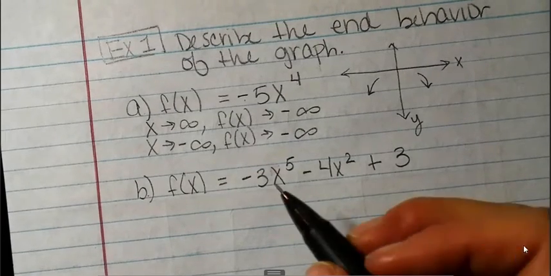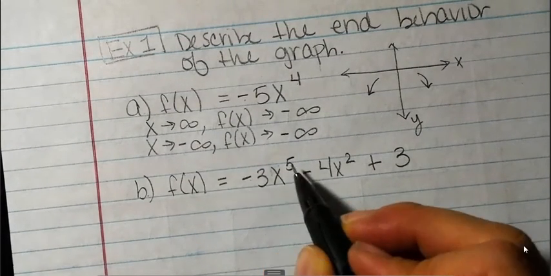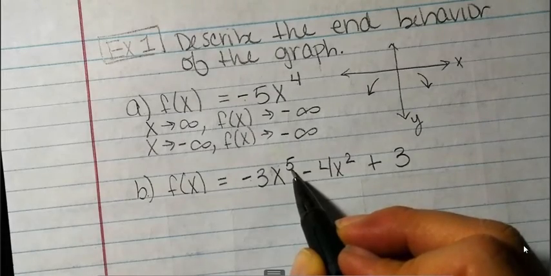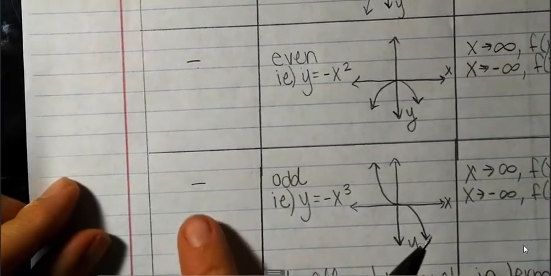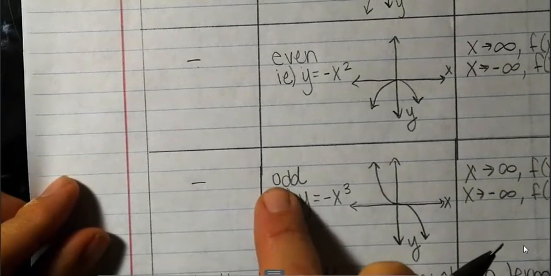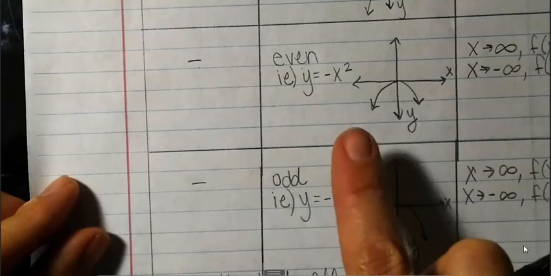Okay, so we have a negative leading coefficient and an odd power, or an odd degree. So, negative leading coefficient, odd degree. The end behavior is going to be up on the left, down on the right.